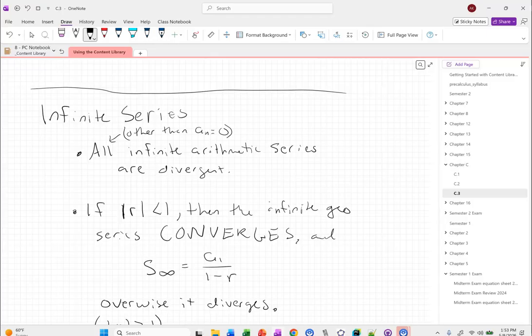I could get negative 1, 0, or positive 1, right? It's impossible to tell what the answer should be. That's indeterminate. Everybody's okay with that? Okay. So divergent just means that the sum is not a finite value that can be determined definitely.